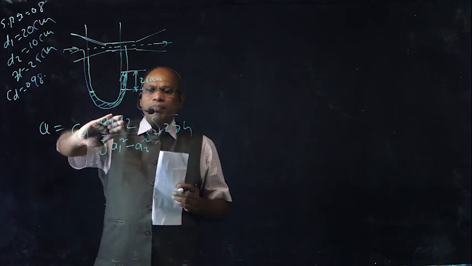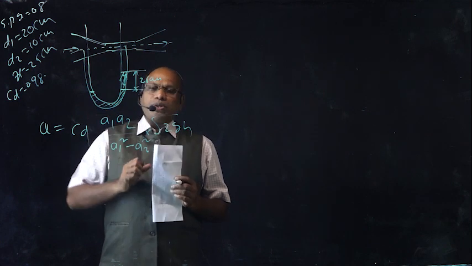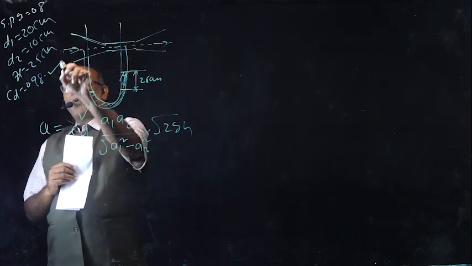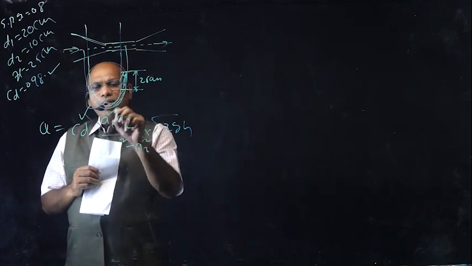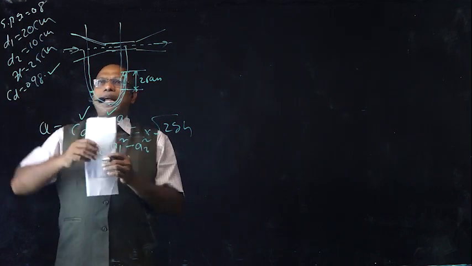This is the formula for the determination of discharge from the venturimeter. CD value is given, 0.98. A1 we are going to determine because they have given the diameter at the inlet.